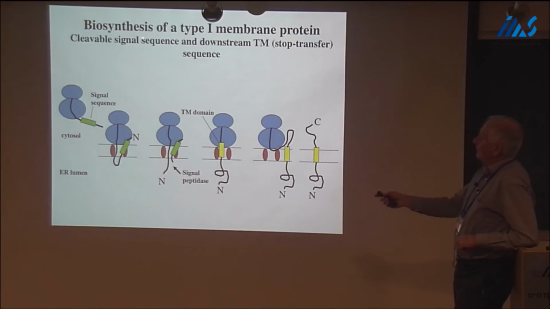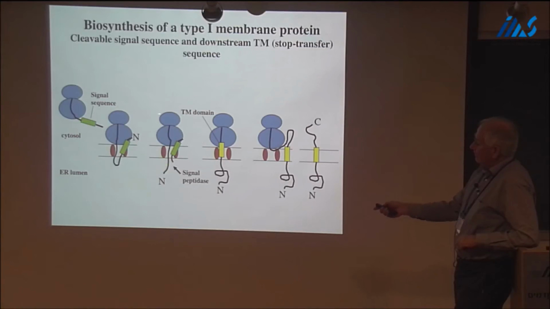So here we're looking at what's called a type 1 membrane protein. Those are membrane proteins that have a cleavable signal sequence and a downstream transmembrane segment. So here's a ribosome synthesizing the polypeptide chain. When the signal sequence has emerged from the ribosome, you get this loop insertion that I just talked about. At some point, you get signal sequence cleavage.